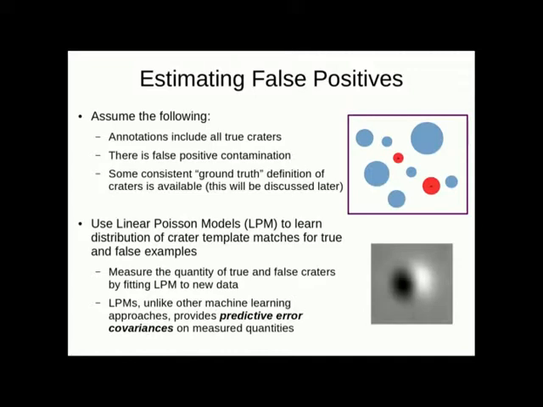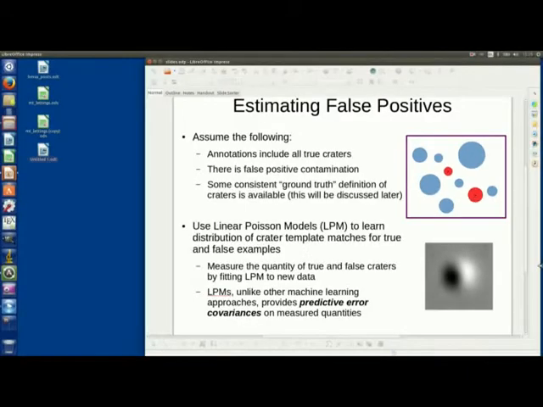Ultimately it's those error covariances that will be the basis of error bars, and that's what we want. We want reliable error bars taking into account known sources of uncertainty, and in this particular case eliminating one source of uncertainty, which is the false craters.